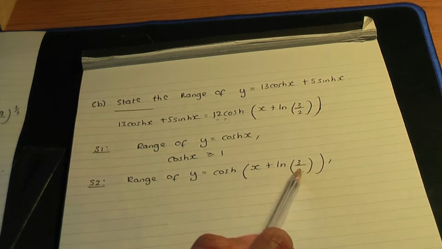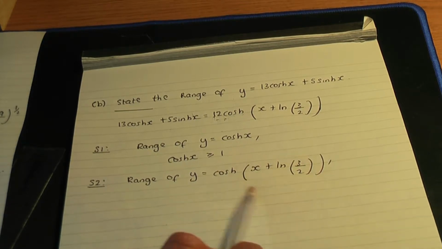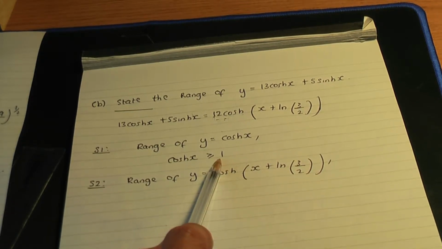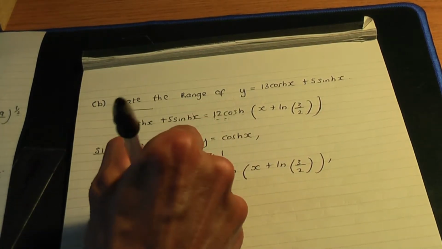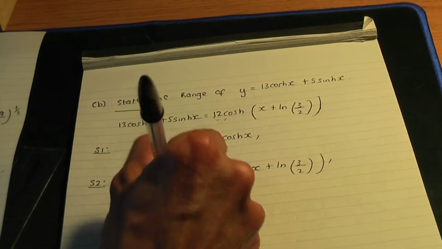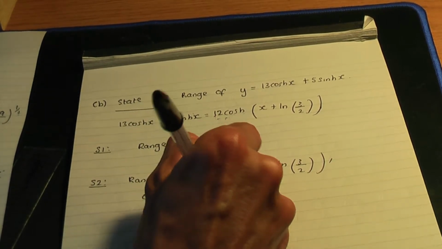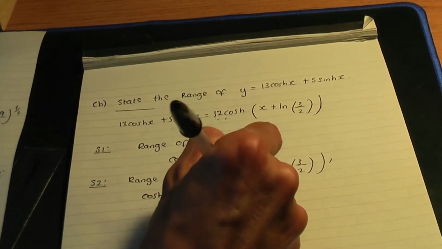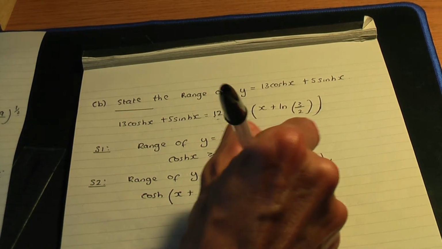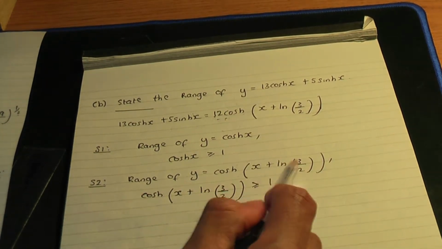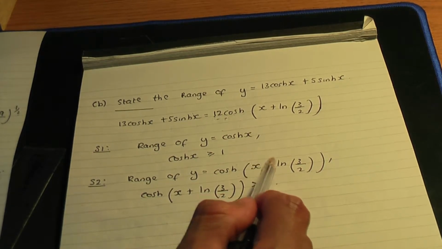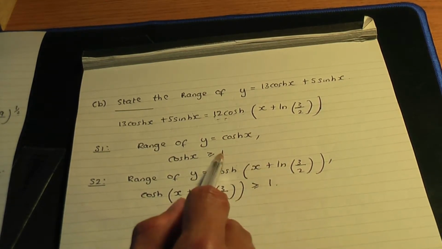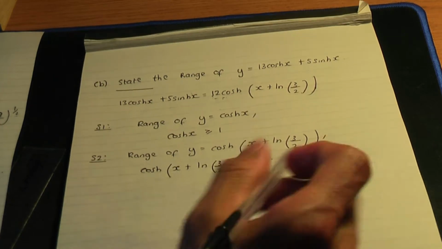The plus ln 3 over 2 is a horizontal translation, so it wouldn't affect the range. So the range would be hyperbolic cos x plus ln 3 over 2 greater than or equal to 1. So remember, it's a horizontal translation, okay? So that wouldn't affect the 1 over here.